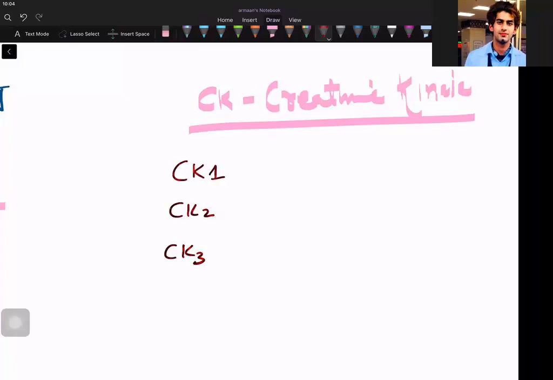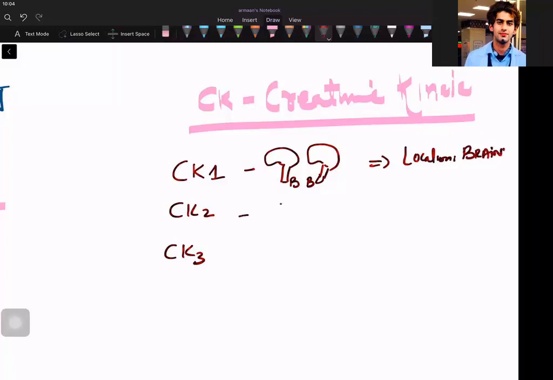See, CK1, the subunit is BB, brain subunit, and its location is brain. Then I see CK2.